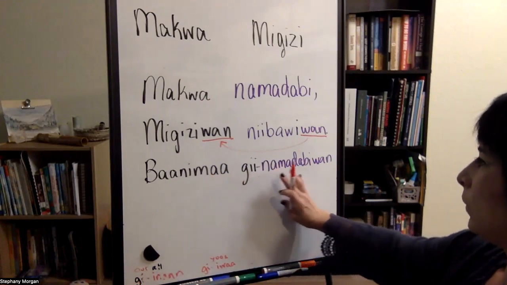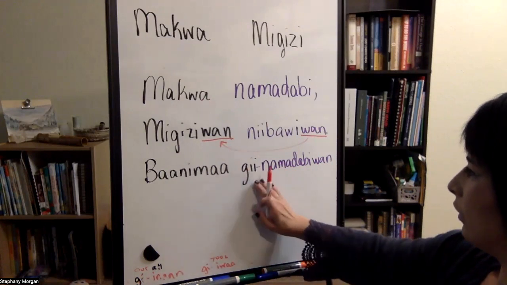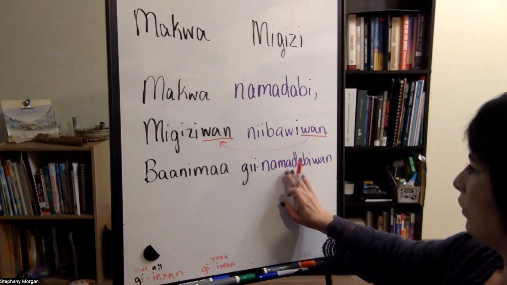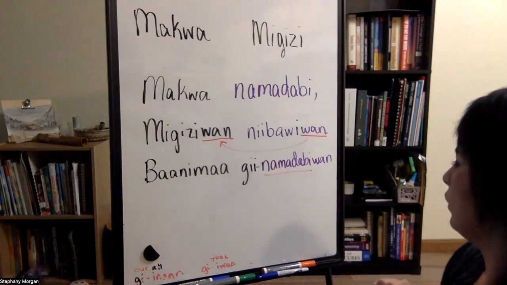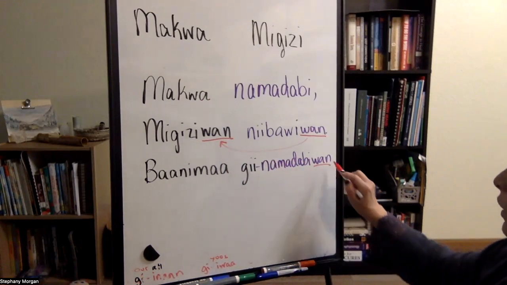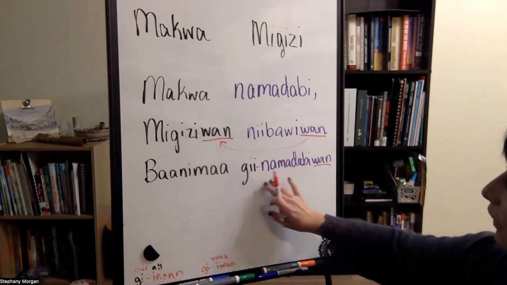Banama gi namadabi wan. Later, he sat down. Namadabe, he or she is sitting, but it has one on the end. So we know Migizi is the one who is standing, but then he sat down.